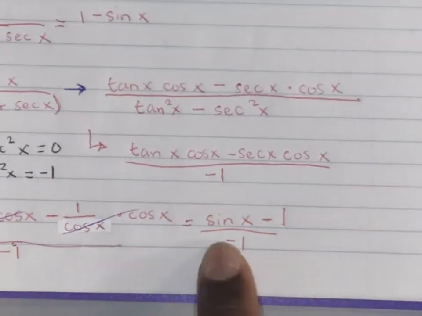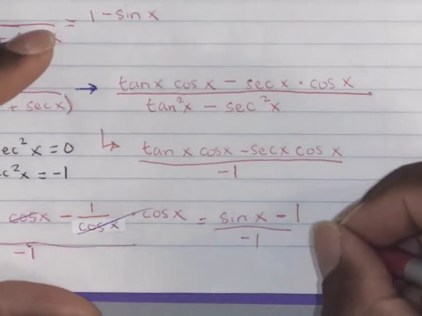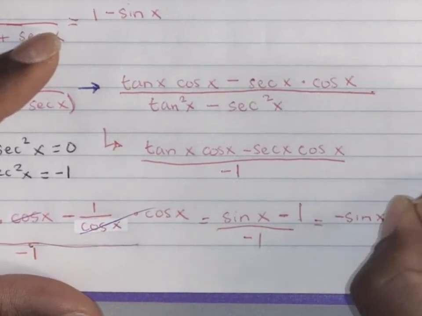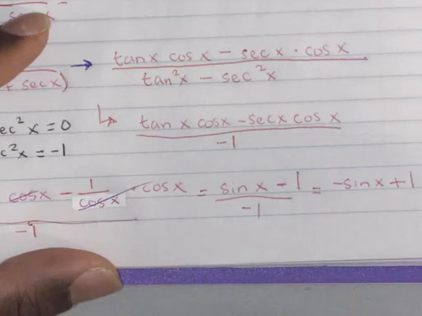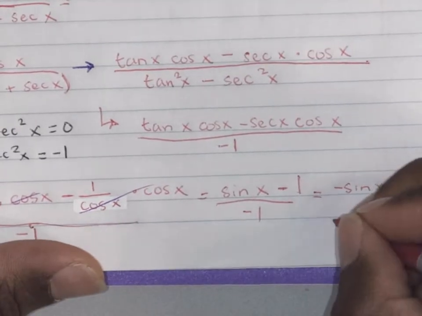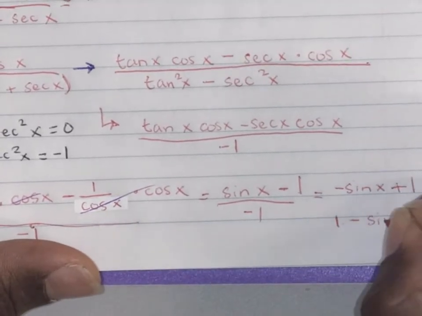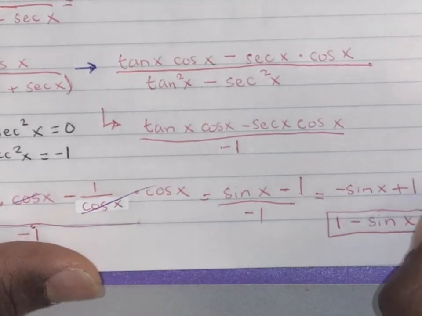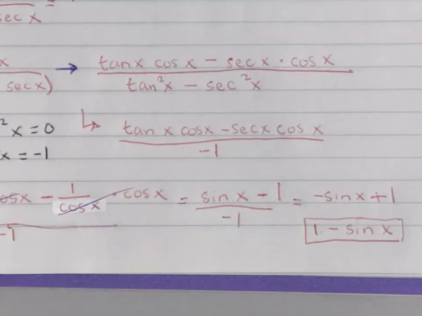So this -1 is just going to change the signs of what I have here. It will make it negative sine x plus 1. And then if I change the order, just 1 minus sine x, I can make it look like what we wanted to verify. So that's that.